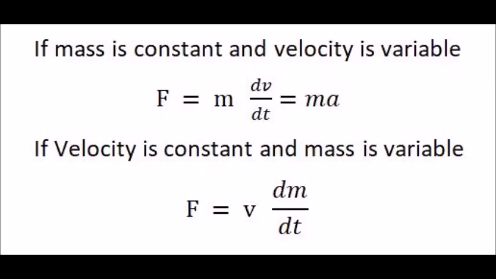If mass is constant and velocity is variable, F is equal to m into dv by dt, which is nothing but ma. If velocity is constant and mass is variable, F is equal to v into dm by dt.